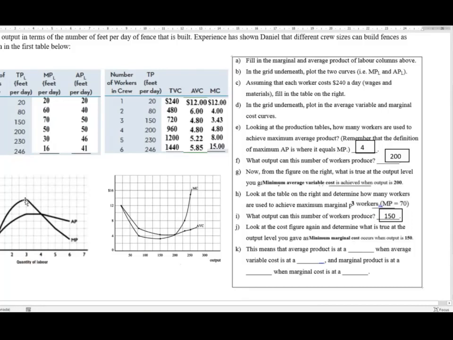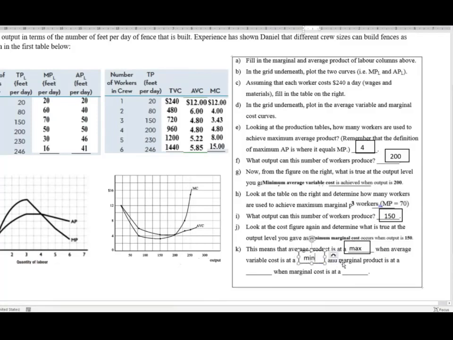Okay, does that make sense? Okay, and then the last question says, this means that average product is at a something when average variable cost is at a something. So average product is at a maximum when average variable cost is at a minimum.